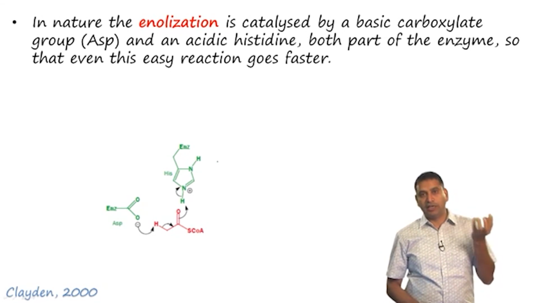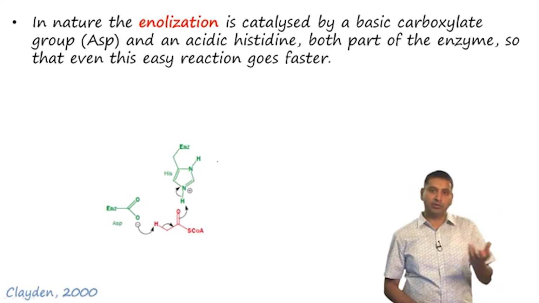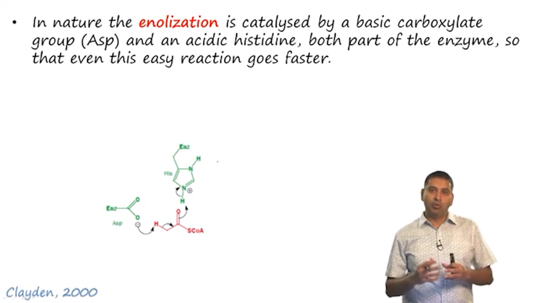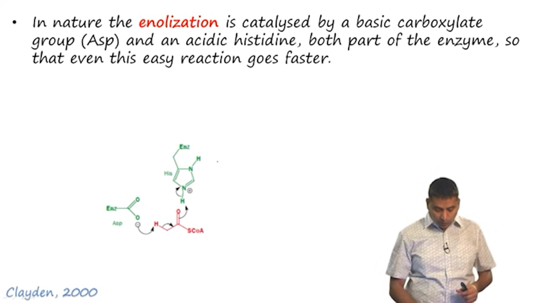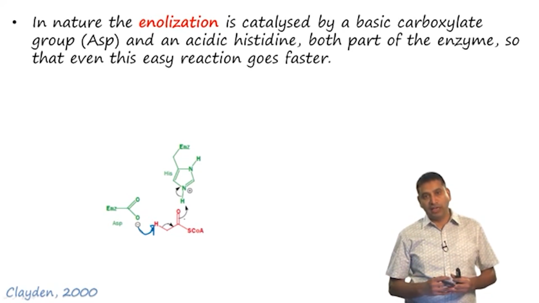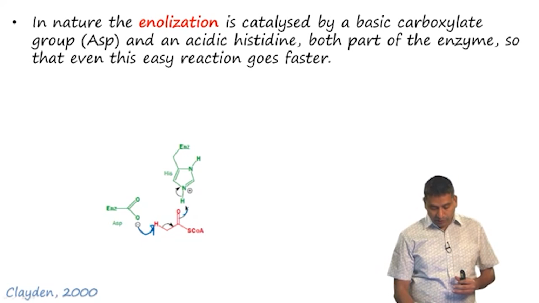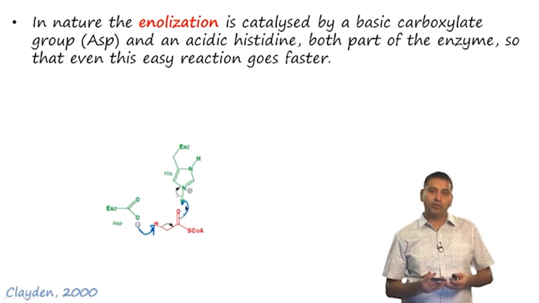We have already looked in detail at how histidine can act as a proton donor as well as a proton acceptor, and both are part of the enzyme, so this makes the reaction go even faster. Aspartate can pick up this proton here and push the equilibrium more towards the enolate, and this carbonyl can interact with this proton from histidine, and it is going to form the enol.